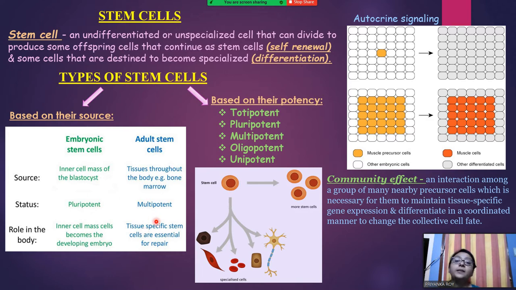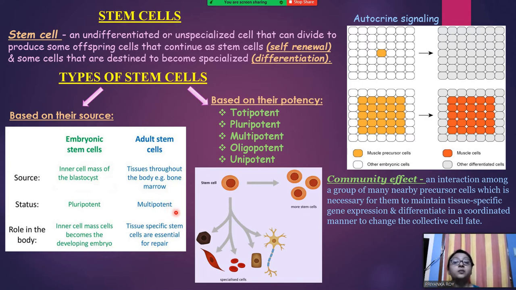Adult stem cells are essential mainly for repair: when there is a cell deficiency, they produce more cells. But they are tissue specific. For example, bone marrow stem cells will only form cells inside the bone marrow. They do not have the ability to form any cell of the adult body.